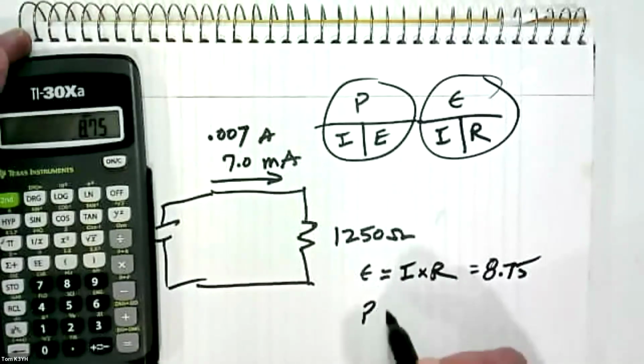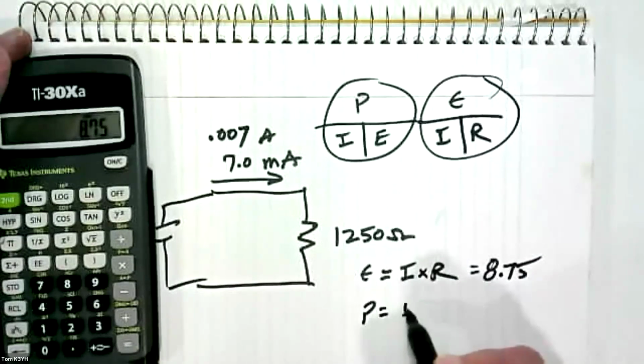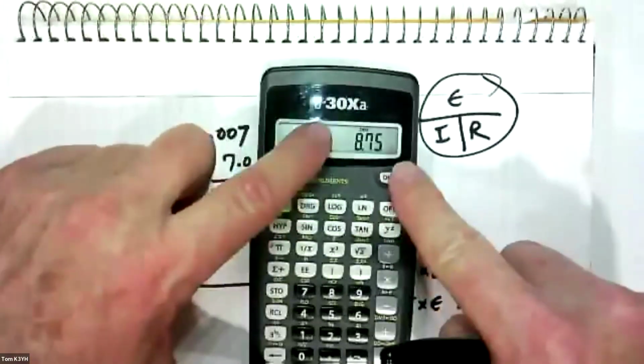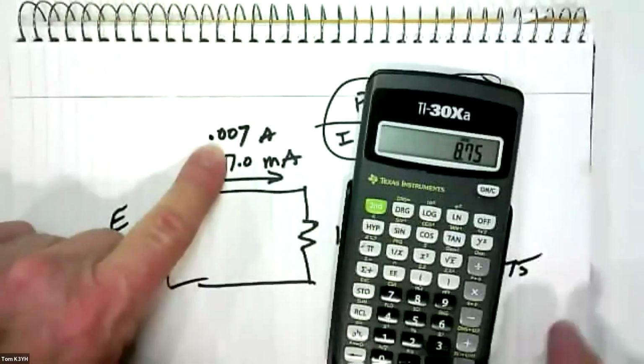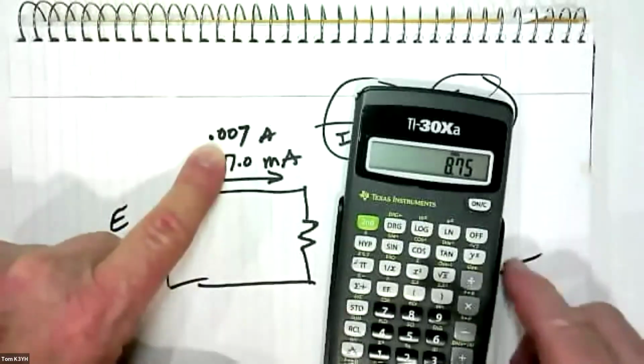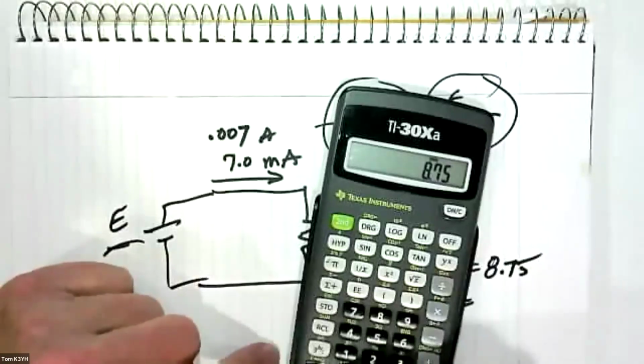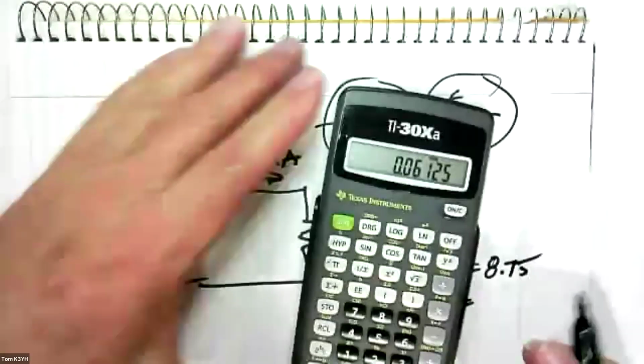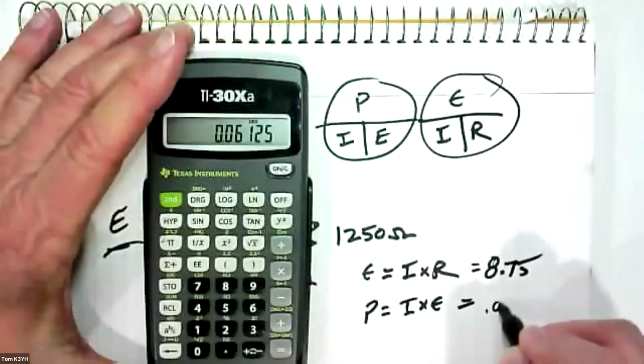And now, therefore, power equals I times E, which then equals this 8.75 times 0.007, which is 0.06125.